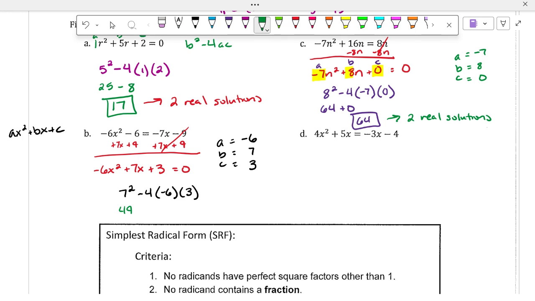And then what's positive 24 times 3? 72. So plus 72. So what's 49 plus 72? So 121. So our discriminant's positive. So what type of solution do I have? 2 real solutions.